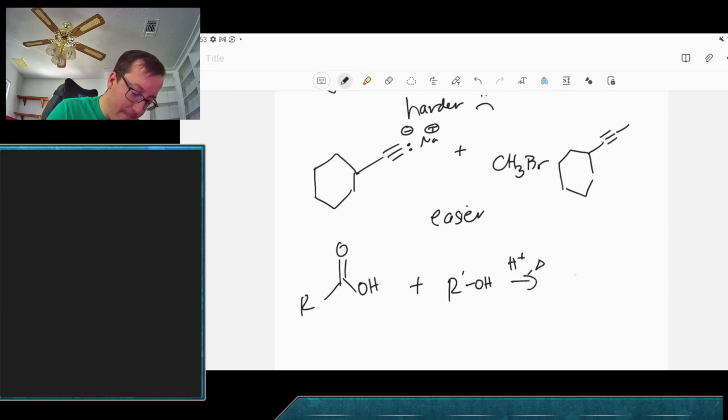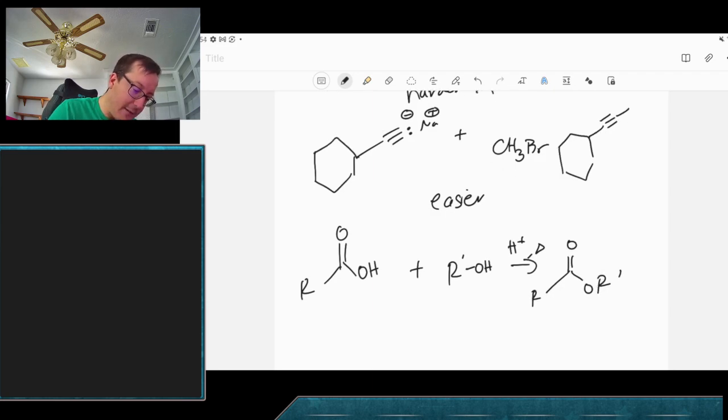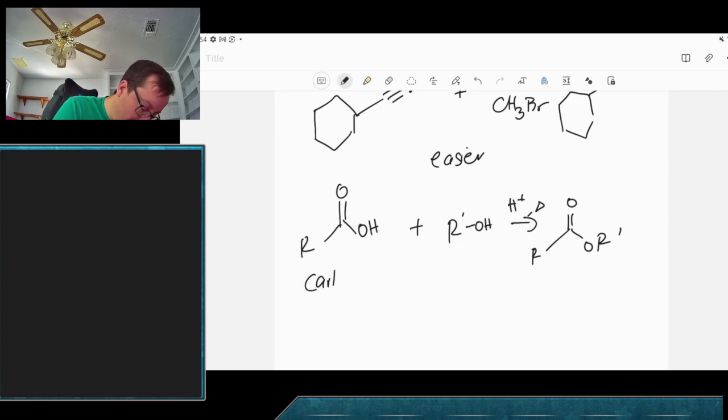If you put an alcohol and a carboxylic acid together, you get an ester. I'm going to be covering this in the carboxylic acids chapter. Some people cover it in the alcohol chapter.